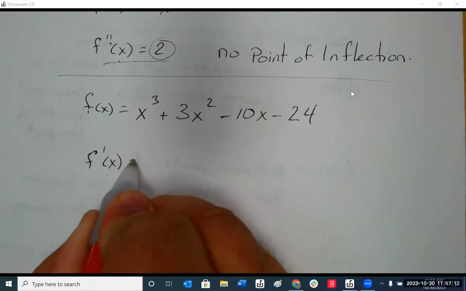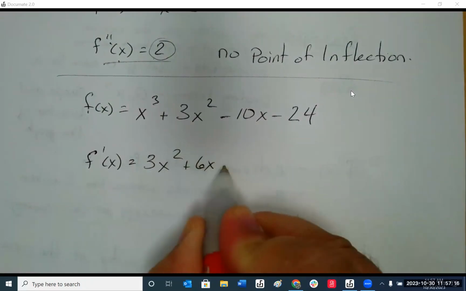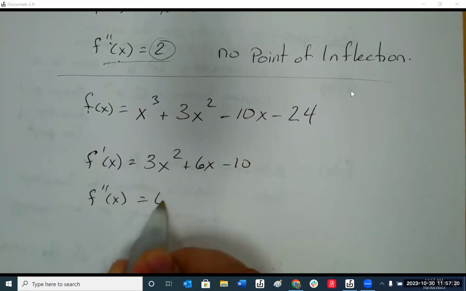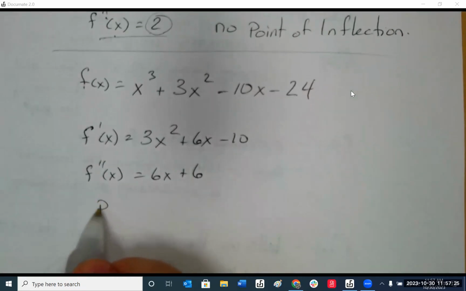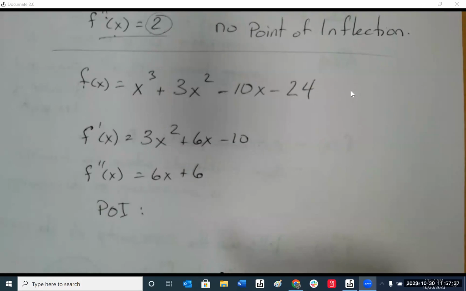So what's the first derivative? And the second derivative? So the point of inflection, the POI, occurs where? Tell me the location of the point of inflection.